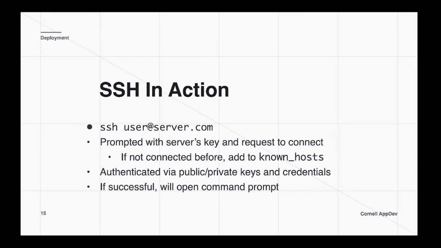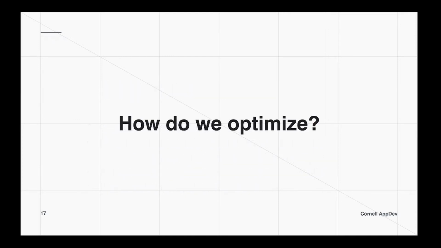And if you haven't connected before, it will store it into a directory called known hosts, which is going to have all the servers you've tried to connect to in the past. And assuming you provided the public private keys that you need and the necessary credentials, however the server is handling security, if you authenticate it properly, then it'll open the command prompt, as you saw for the Eatery example.